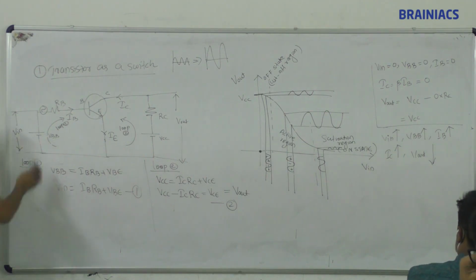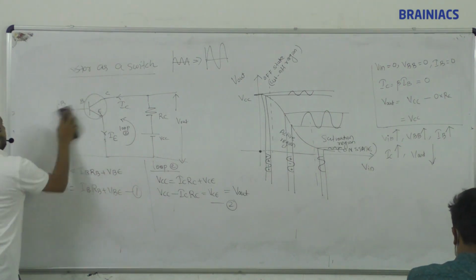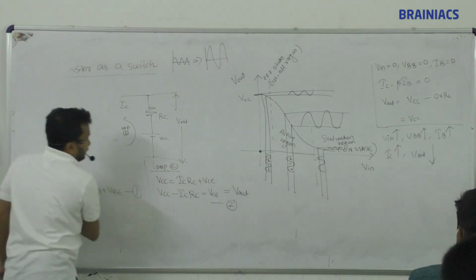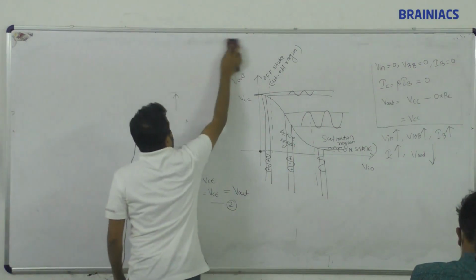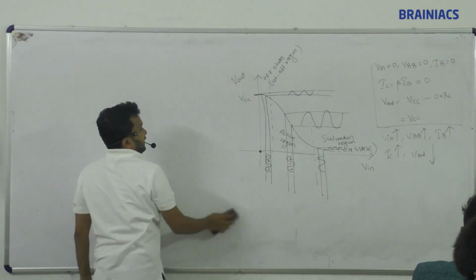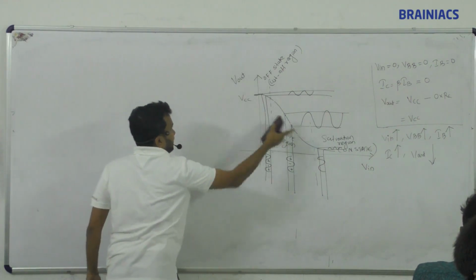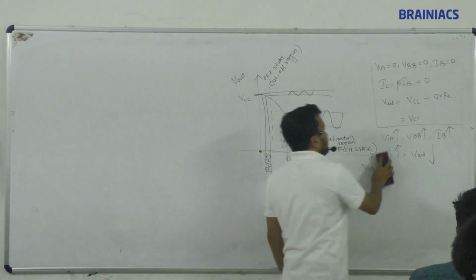Transistor as an amplifier. Circuit diagram and graph. There is no difference in the graph, but still that extra AC signal is added to the existing DC signal. This is what is happening.